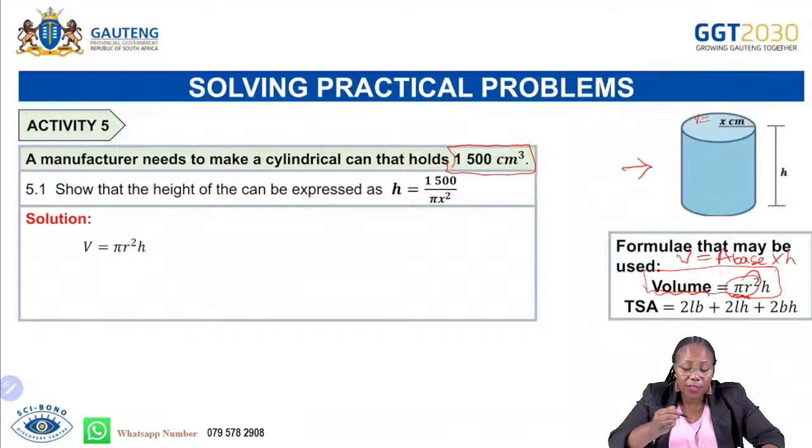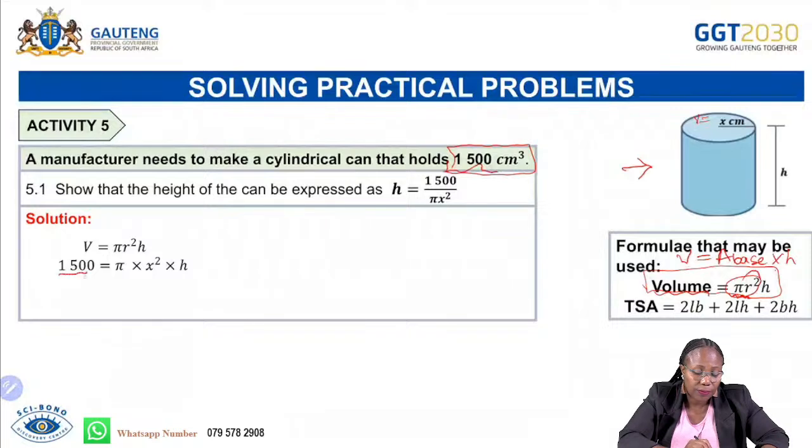And then we will be substituting the given volume 1,500 for the volume. And then we have pi. For the radius from the diagram there is given as x. Then we substitute x for the radius. We end up with x squared times h. So now we are solving for h. We are going to divide both sides by pi x squared.